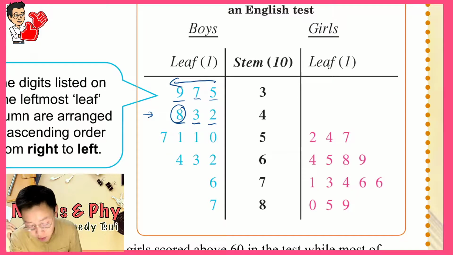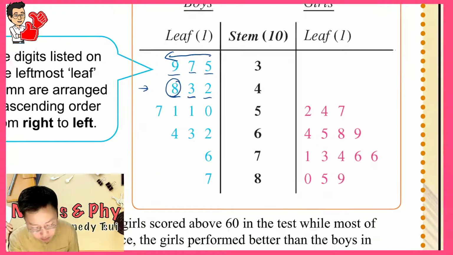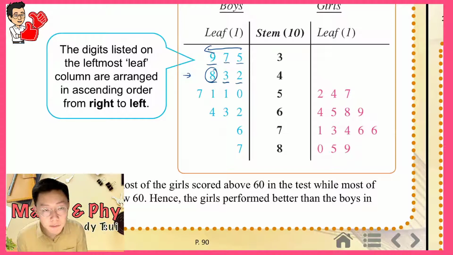And also, as we said before, we use this back-to-back stem-and-leaf diagram to compare two sets of data. What we can conclude is that the results of boys concentrate on the marks that belong to 60.